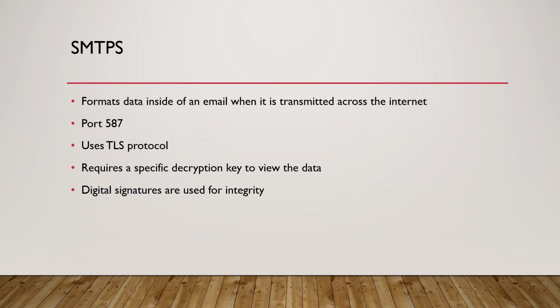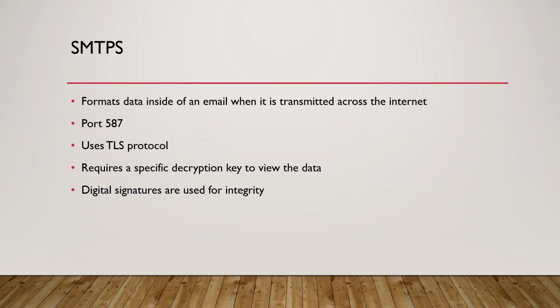So, SMTPS, or Simple Mail Transfer Protocol Security. This is used to format data inside of an email, and it basically scrambles up the data inside of that email when it is transmitted across the internet.